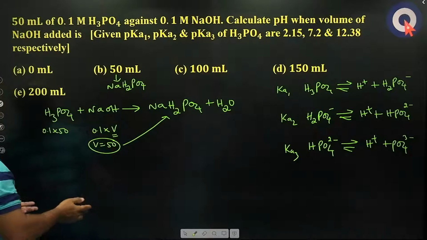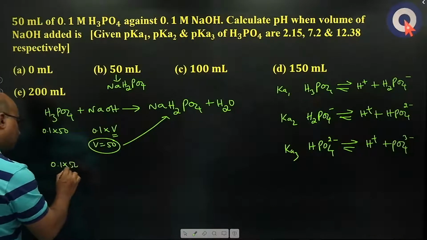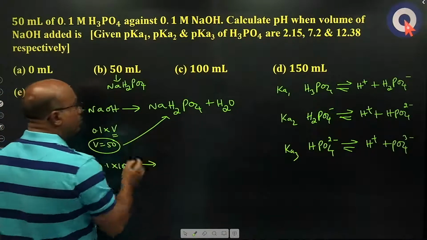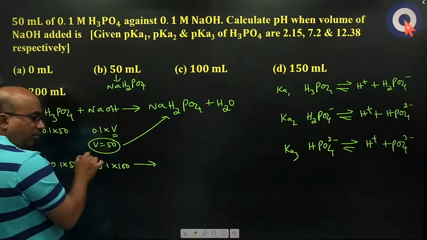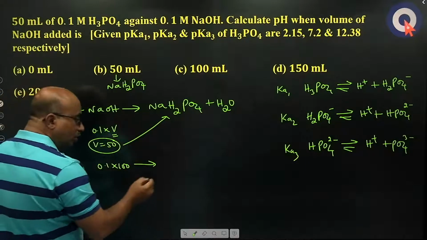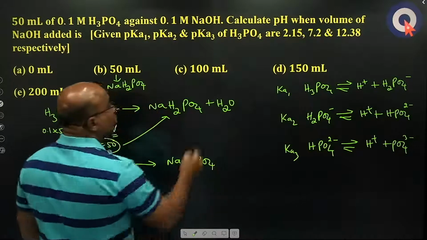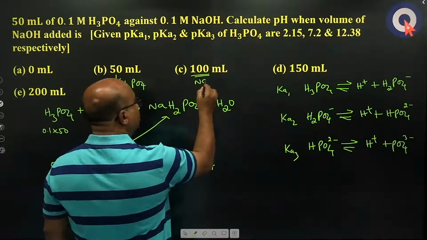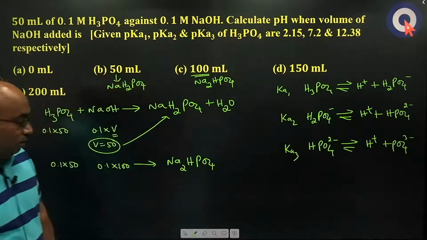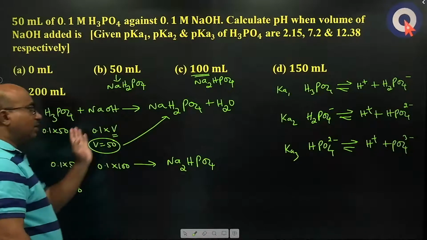At 100 ml, what happens is, if you take 100 ml, then this is 0.1 into 50 and this is 0.1 into 100. This completely converts, meaning it is two equivalents. What we added is 2 moles and this is 1, so it is a 1:2 ratio. So you will see Na2HPO4 formation at 100 ml. And at 150 ml, it is 0.1 into 50, because already it is converted into this.